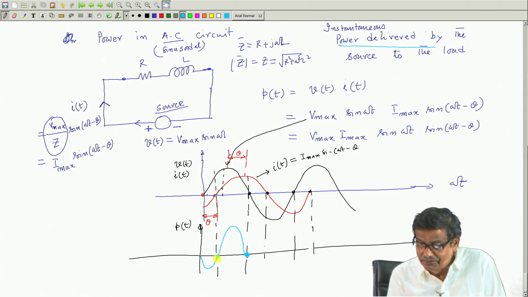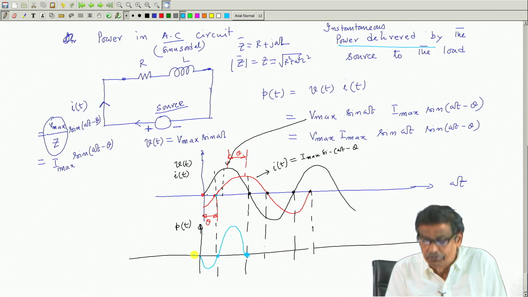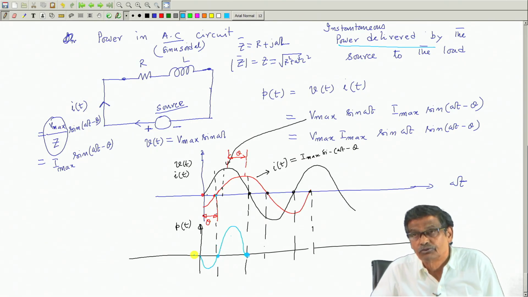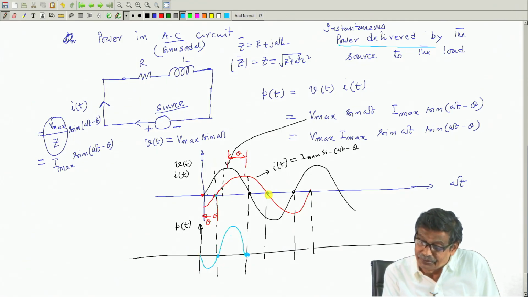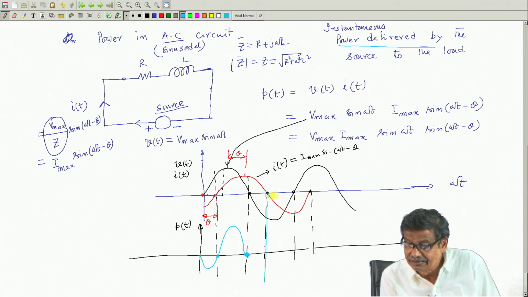And during this zone, the power calculated has come out to be negative. So, I will say the source is absorbing power. During this zone, you see once again current is plus, but voltage is minus.